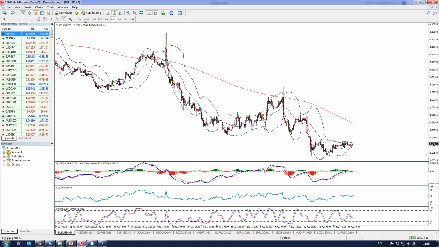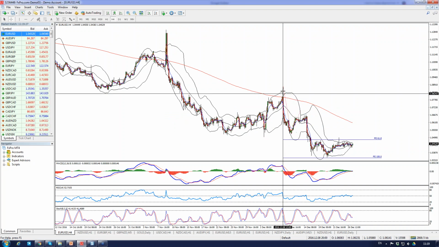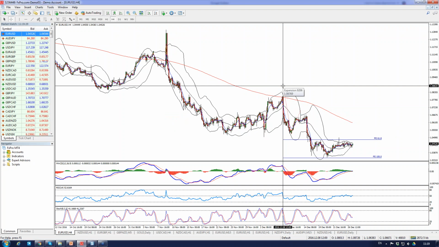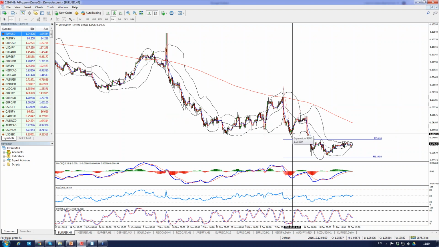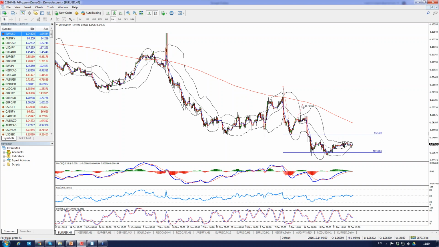How do we do that? We click on that. We go to the first spot. We go to the second spot. So the first move from the beginning to the end. And then there is a small line. This is the correction line. And we measure that to the end of the correction, which is here.